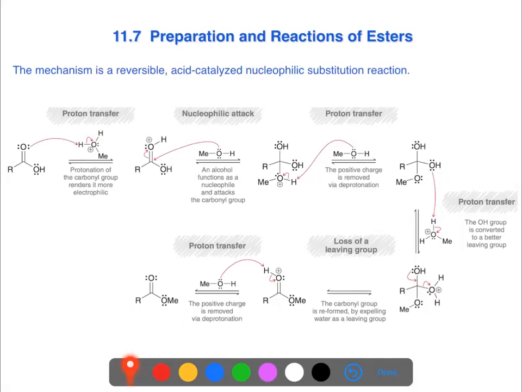So again, this is a reversible process, meaning that if we increase the amount of water present in our reaction mixture, we can force the hydrolysis of the ester back to the carboxylic acid. But if we can introduce copious amounts of an alcohol and ensure that we're removing water from our reaction mixture through various distillation apparatus, we can produce the ester from that carboxylic acid.